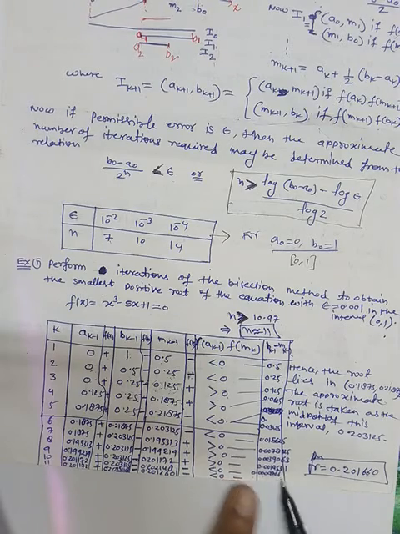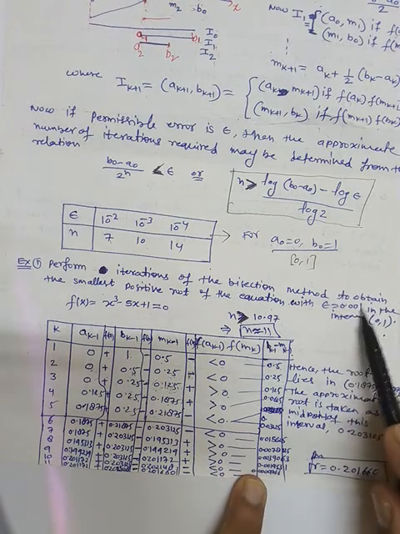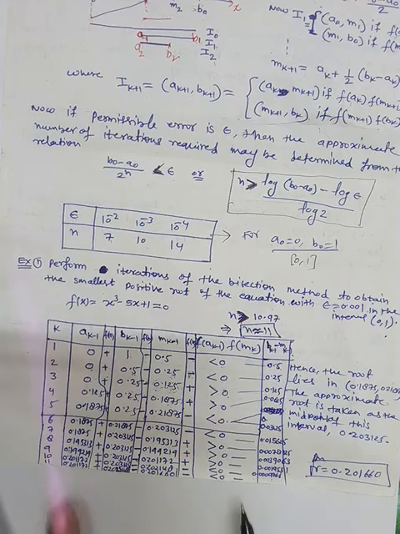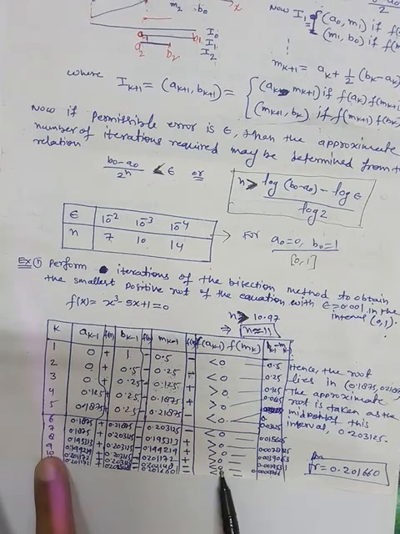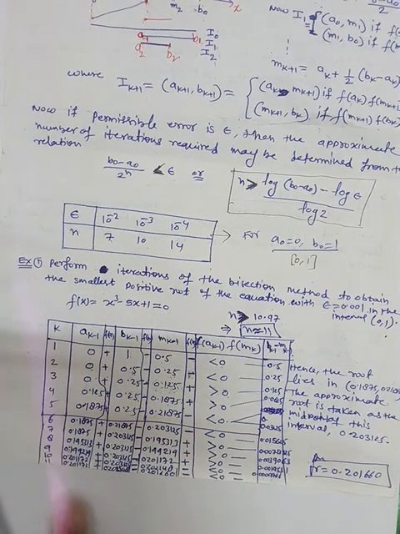You will see the length of this interval is less than epsilon. This is your epsilon, this is the length of the interval. So you have to stop here after the 10th iteration. So what will the root be? After the 10th iteration the interval is 0.201172.